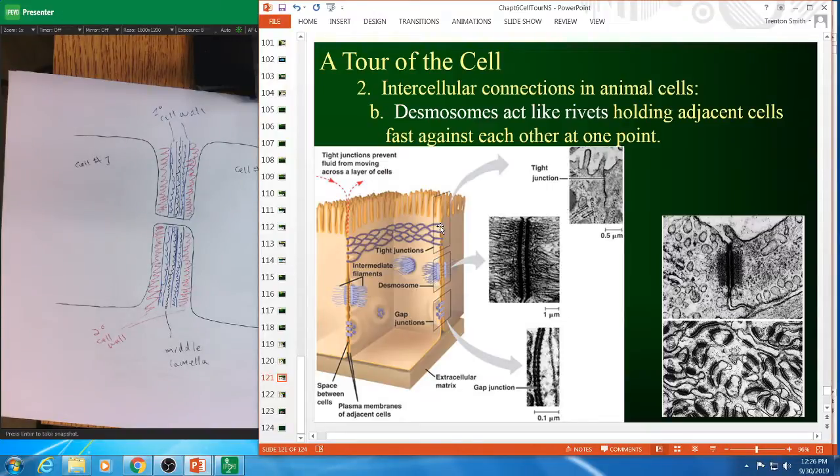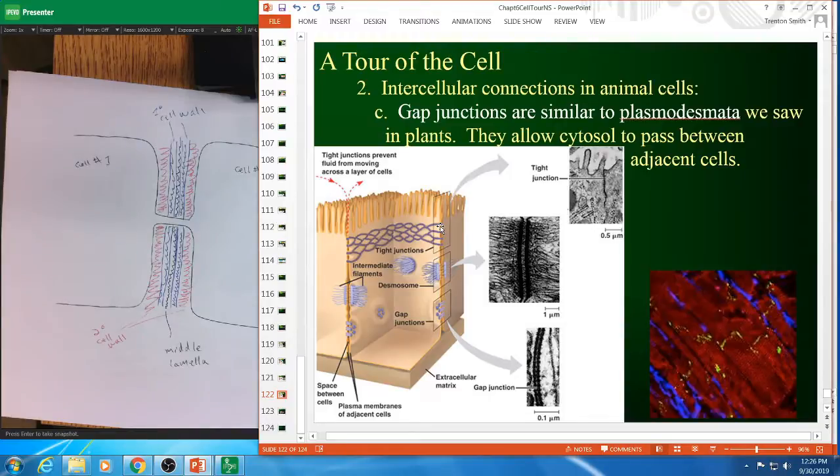All right. And then the last type of connection would be a gap junction. One of the most common mistakes I get is that students confuse gap junction and plasmodesmata, and almost rightfully so, because they're very similar, right?